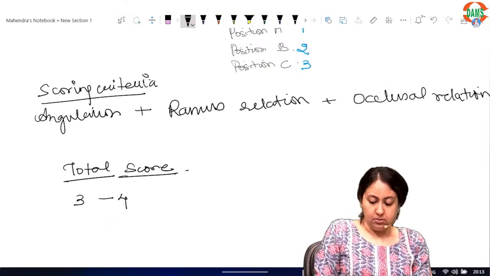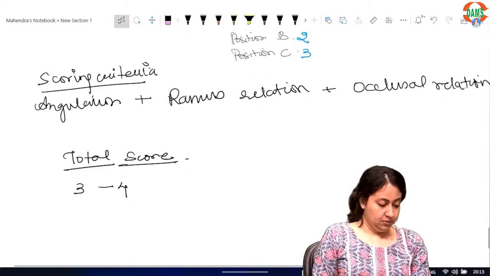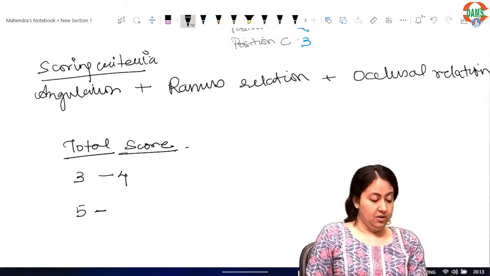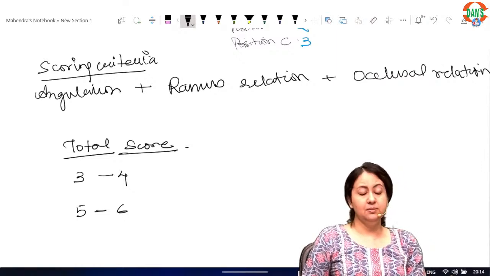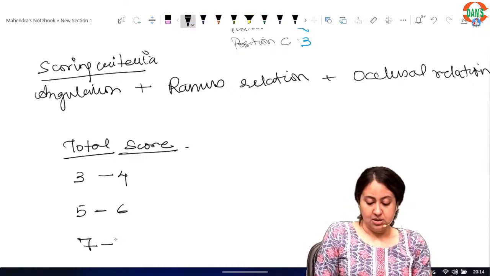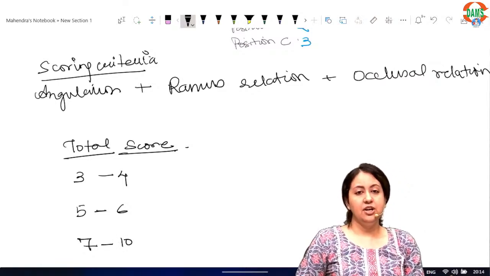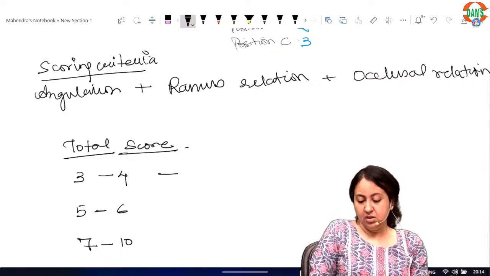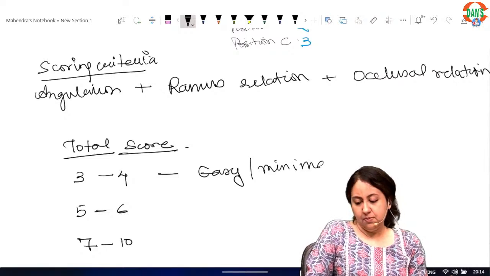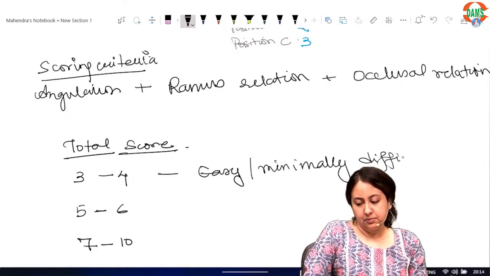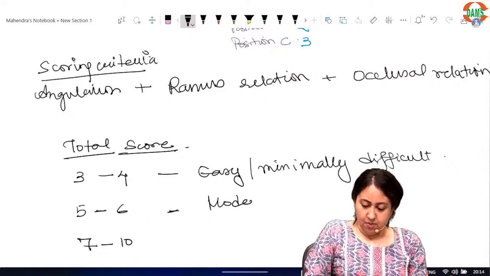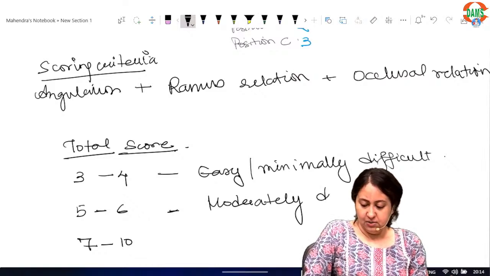Now 3 to 4, 5 to 6 and 7 to 10. 3 to 4 is easy or minimally difficult. 5 to 6, sorry, is moderately difficult.